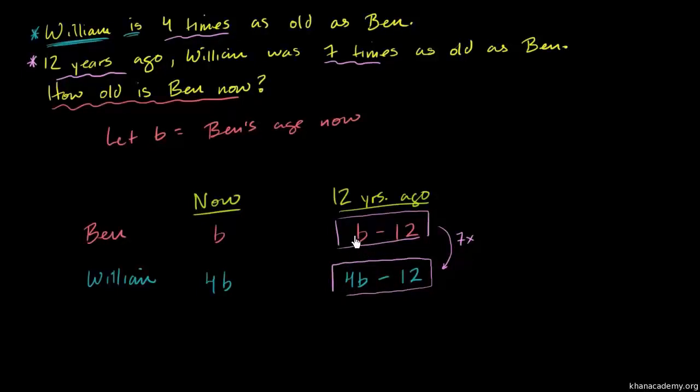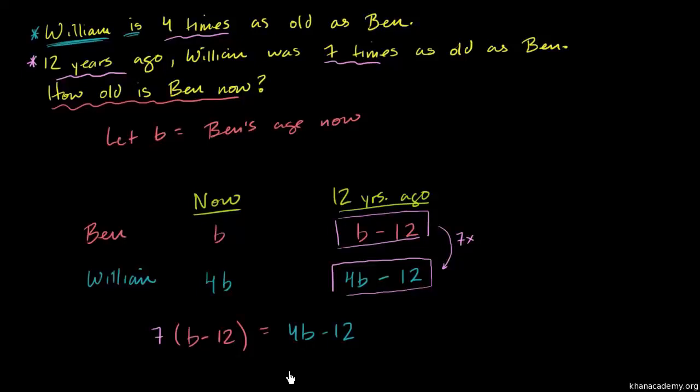So let's set that up as an equation. 7 times Ben's age 12 years ago, b minus 12, is going to be equal to William's age.